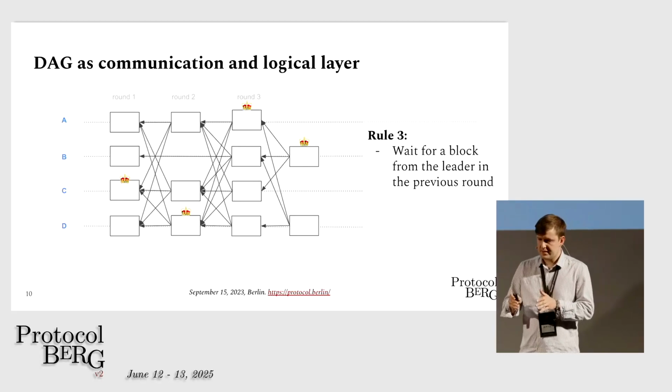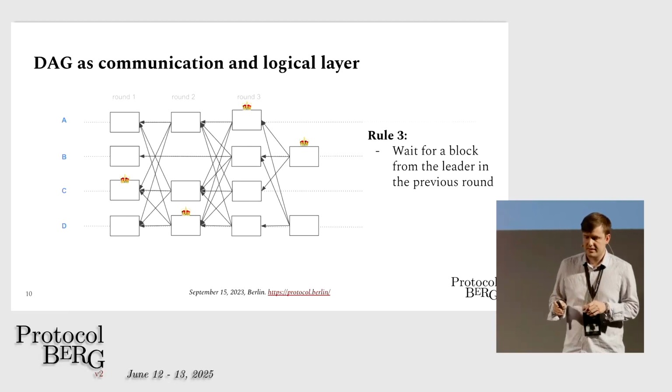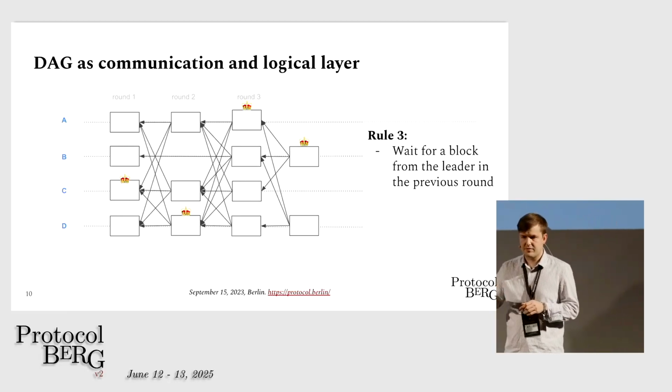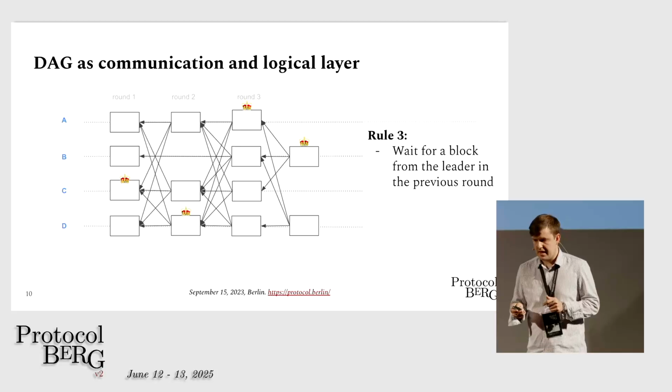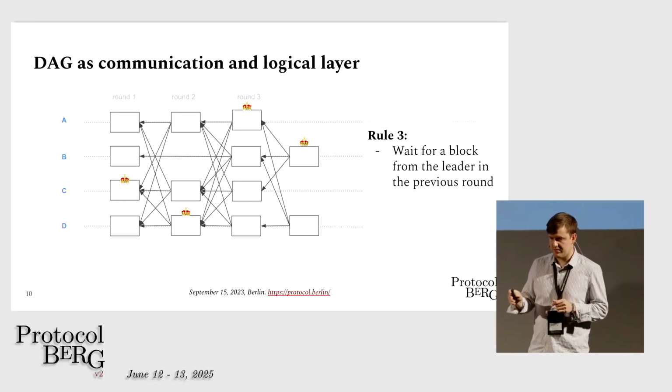If you find a special structure in the DAG, then we say, okay, this leader block is committed. Then I can slice the DAG using this leader block, using all the references. And I can then sequence all the transactions in all these slices that I have after cutting the DAG.